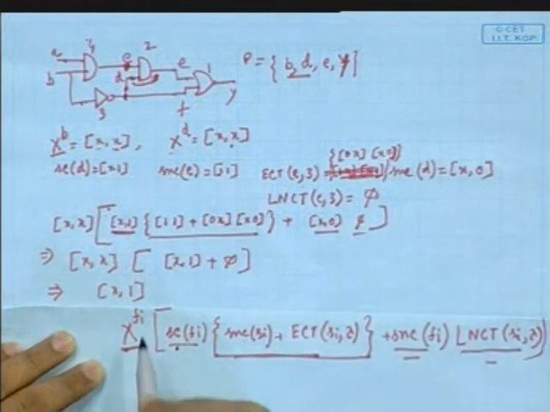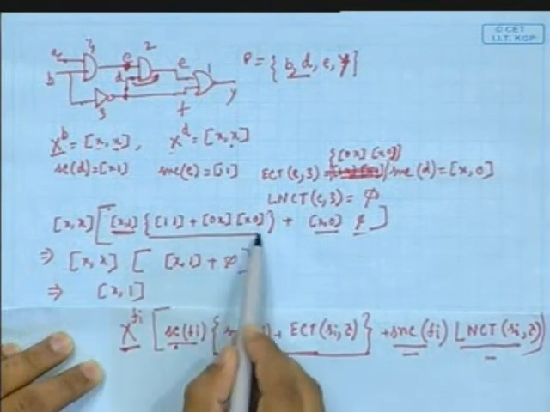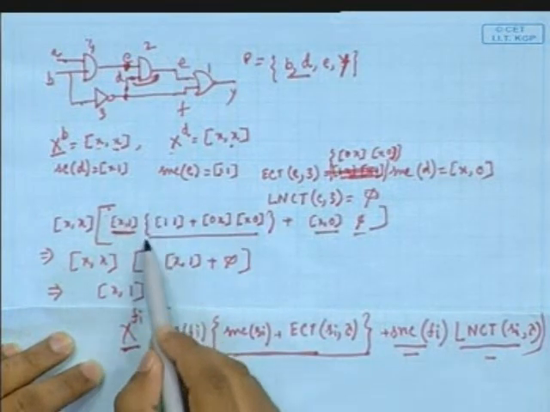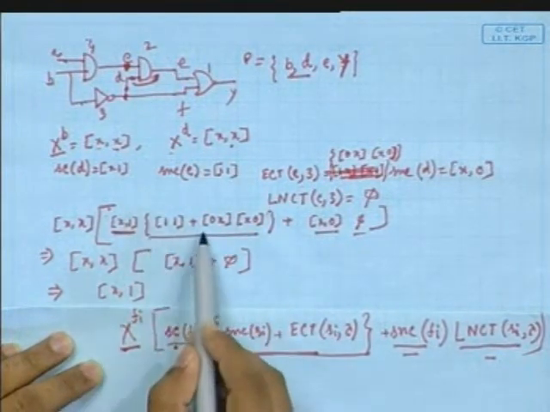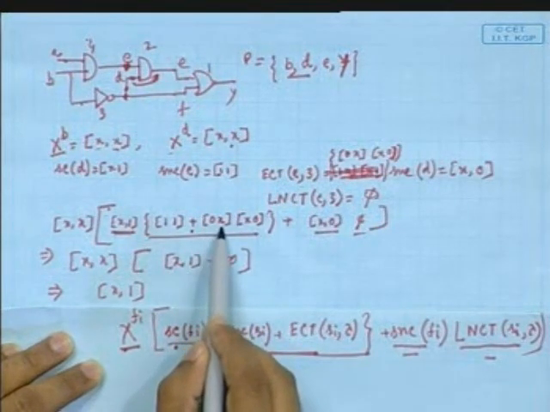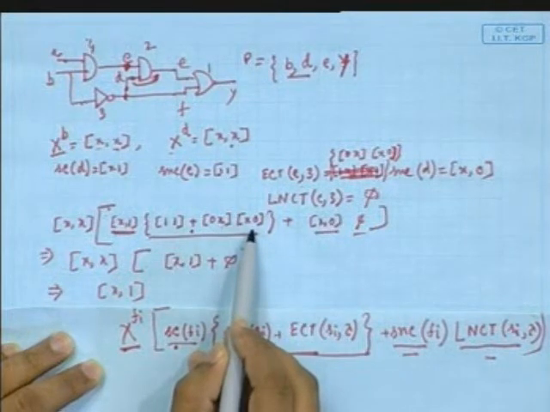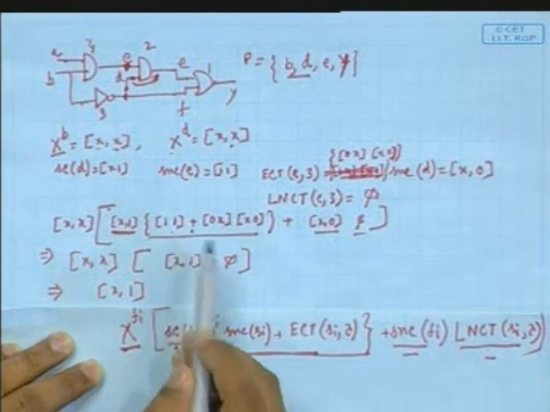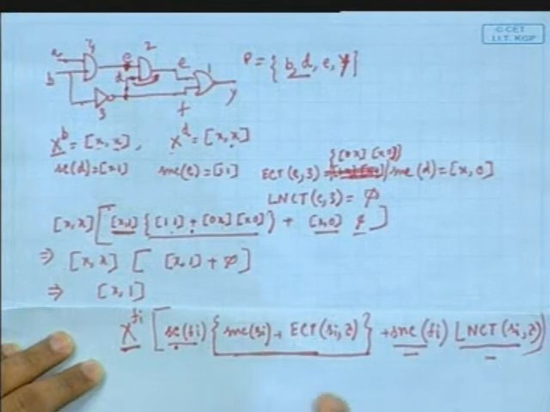I'm just replacing this value. So now I'm considering this one. This is the set of input vectors. There is a logical OR here. So here I have 0 1, 1 0 and 0 0 plus 1 1. That means I have the whole set of vectors possible.